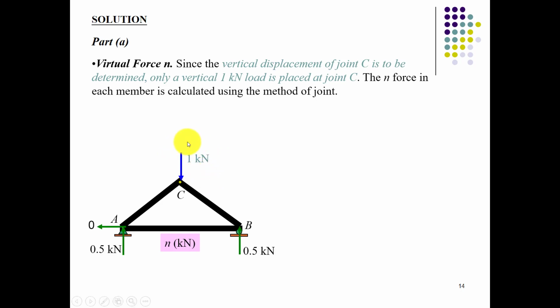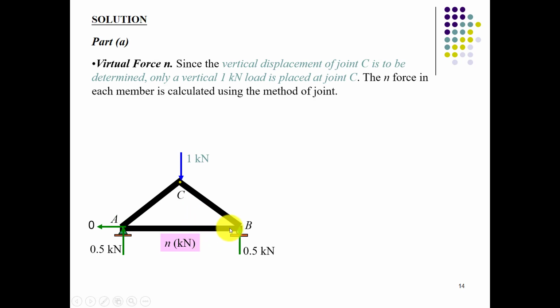We can calculate the reactions very easily by applying sigma Fy equals 0. You will come up with 0.5 and 0.5 kilonewton forces acting upward at the supports. As there is no horizontal force, the Ax component would be 0.